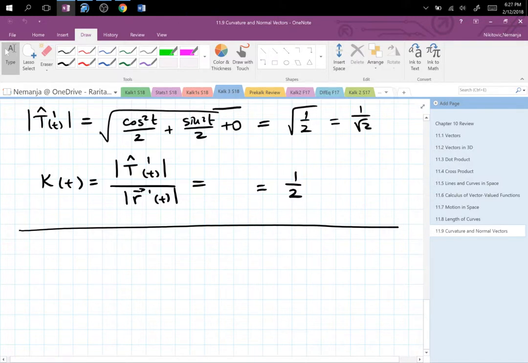So in this case, it is constant because it is a constant spiral down. But if you are to bring in any kind of excitement to it, like this, it's going to be a different curvature at different points because the line curves more or curves less. And this was the square root of 1 over square root of 2 divided by root 2.